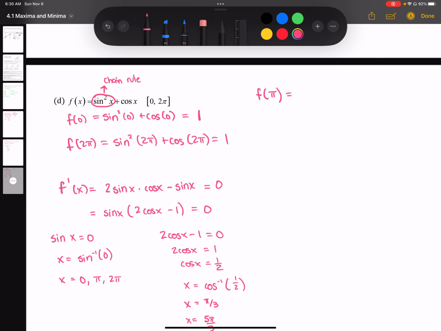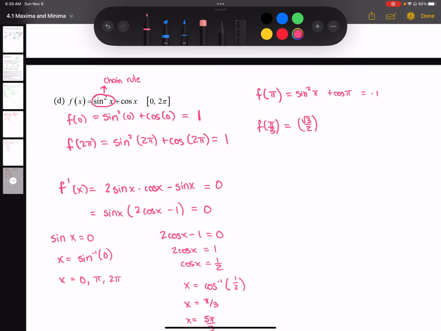So that means you have to check these values. So f of pi is sine squared pi plus cosine pi, which is just -1. F of pi over 3 is equal to, all right, so the sine of pi over 3 is the square root of 3 over 2.